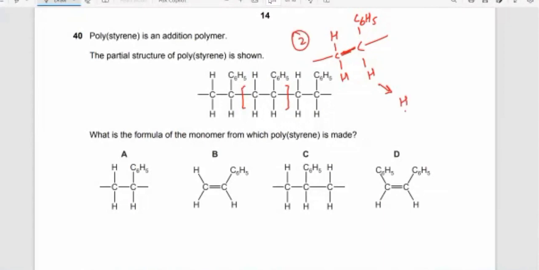So hydrogen, carbon, hydrogen, double bond, carbon, C6H5 and hydrogen. Is there any structure like this? No, it has to be converted into double bonds. Wrong. Yes, this is the option. This cannot be the repeating unit. The same is coming here. No, this can never be. There are no consecutive C6H5 groups. Okay, this is the answer.